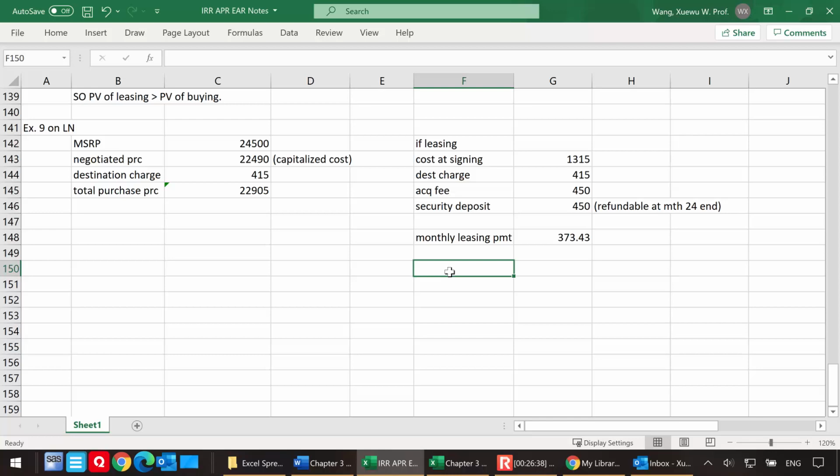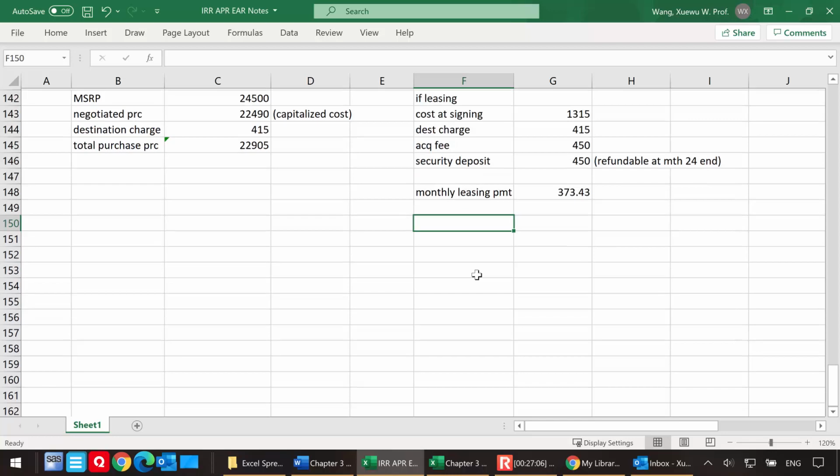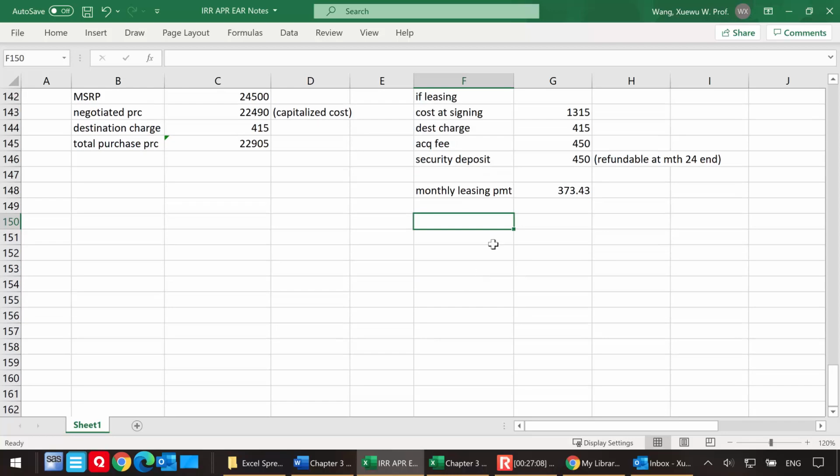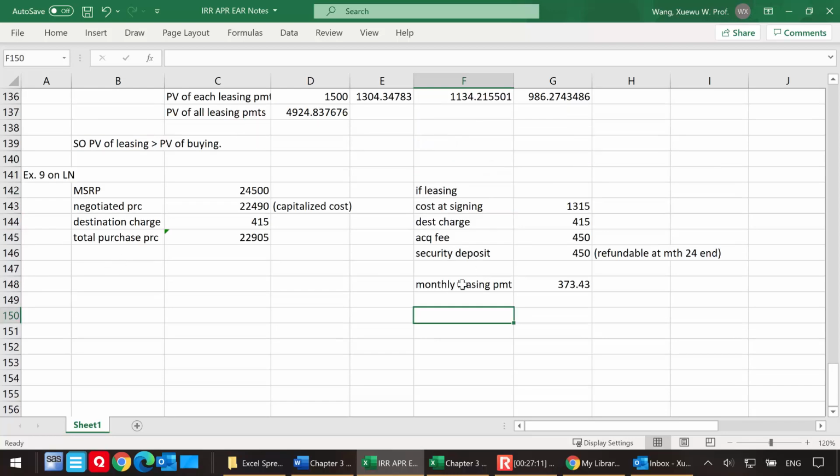If you're going for higher end cars like a Mercedes, this residual value could be, let's say, 61% of the MSRP, because the car is worth a lot more. Let's just say this condition is satisfied. You have been a very good person and you are taking care of the car even though it's a leasing car. So let's say this condition is not binding. Now let's look at the horizon here.